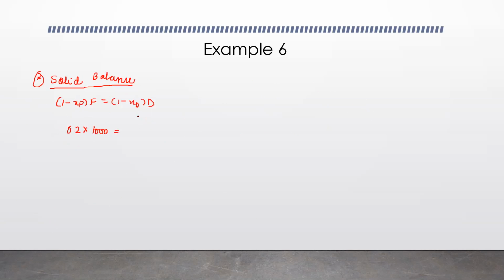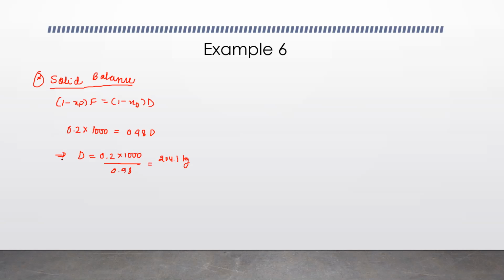And XD is 0.02, so this is going to be 0.98. So we'll get D equals 0.2 into 1000 upon 0.98. This D comes out to be 204.1 kg. This is the amount of dried solid that is leaving the oven.